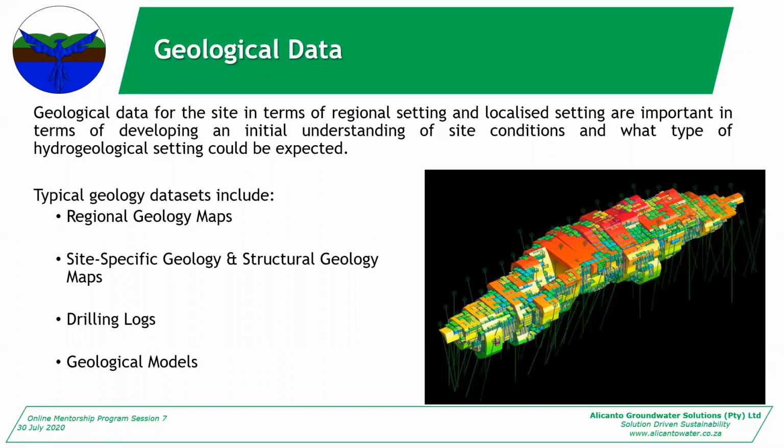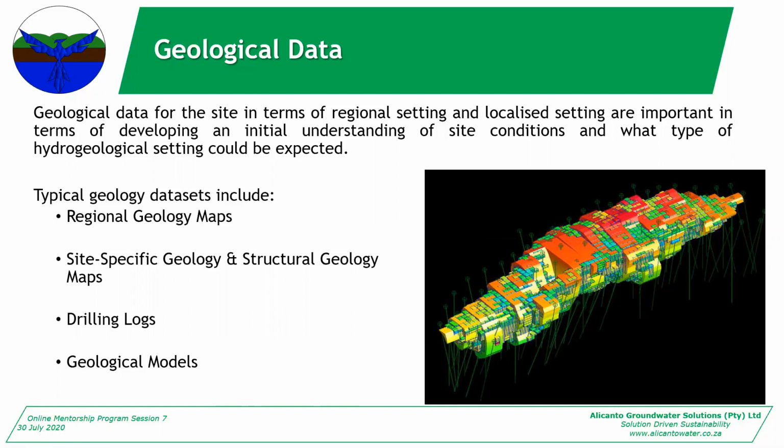Okay, geological data, you look at your regional setting and the site localized setting. They're quite important in establishing your initial conditions and what your hydrogeological setting could be. Typical geology data sets that you look at are your regional maps, your 1 in 250,000 or 1 in 500,000 maps.